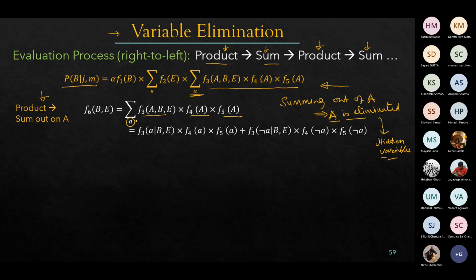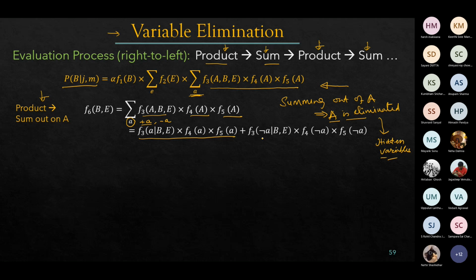What are the values A can take? A can take either plus A or minus A. And if we consider A to be positive, then we have this product, which is F3(A given B, E), F4(A), F5(A).